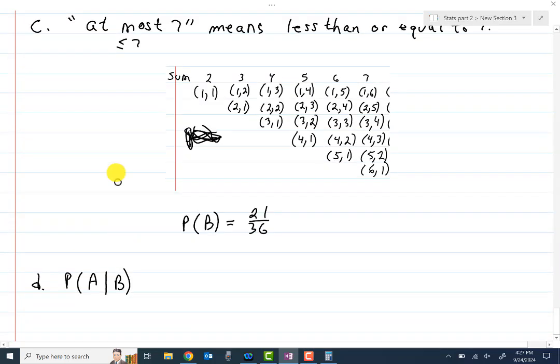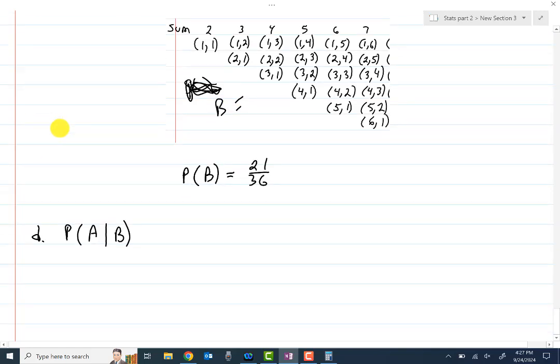Well, up here, this stuff up here was actually B. So I can actually treat this as if it's over the 21 units that are there and simply grab the ones that I want. So now I'm still looking for either starting with a 3 or 4 and then ending with an even number. So I would still not take this 3, 1, but I would take this 3, 2.